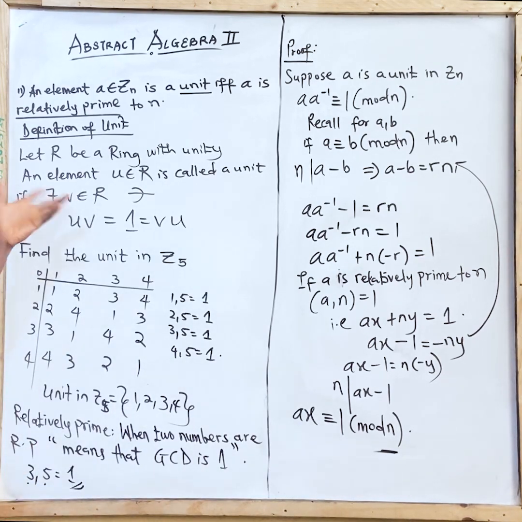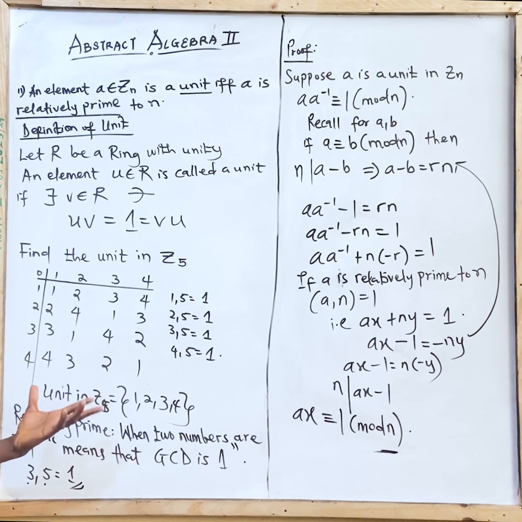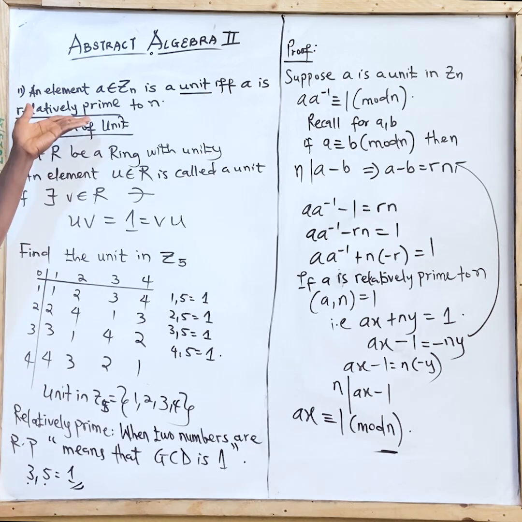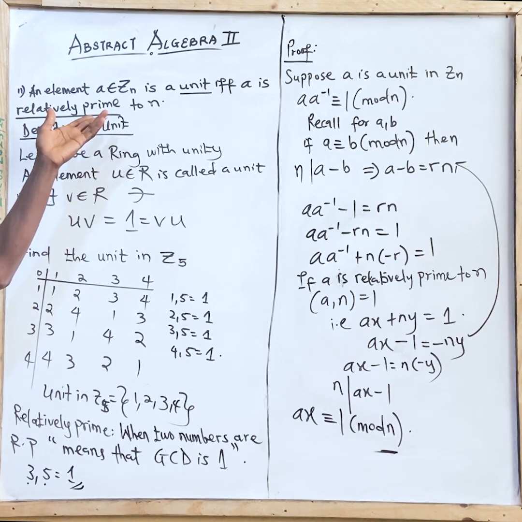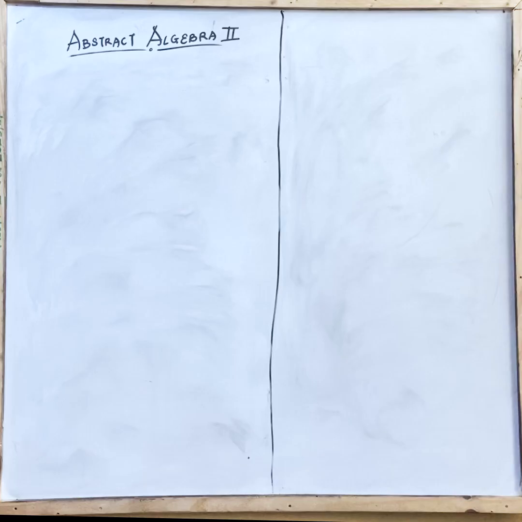When we are asked to prove that an element A in Zn is a unit if and only if A is relatively prime to N, I gave an example using the modulo table, and then another example without using the modulo table. So this theorem is a correct theorem. All we just did here was to prove the theorem.